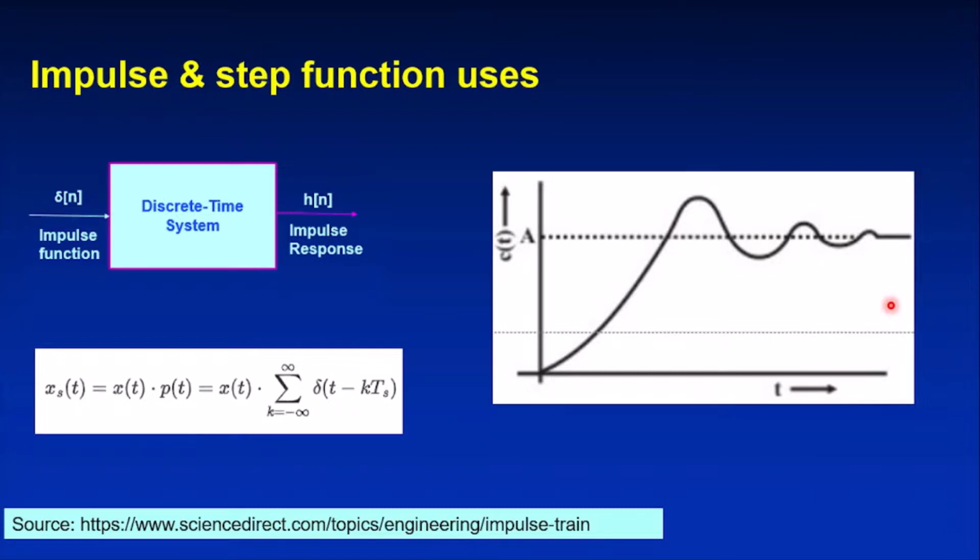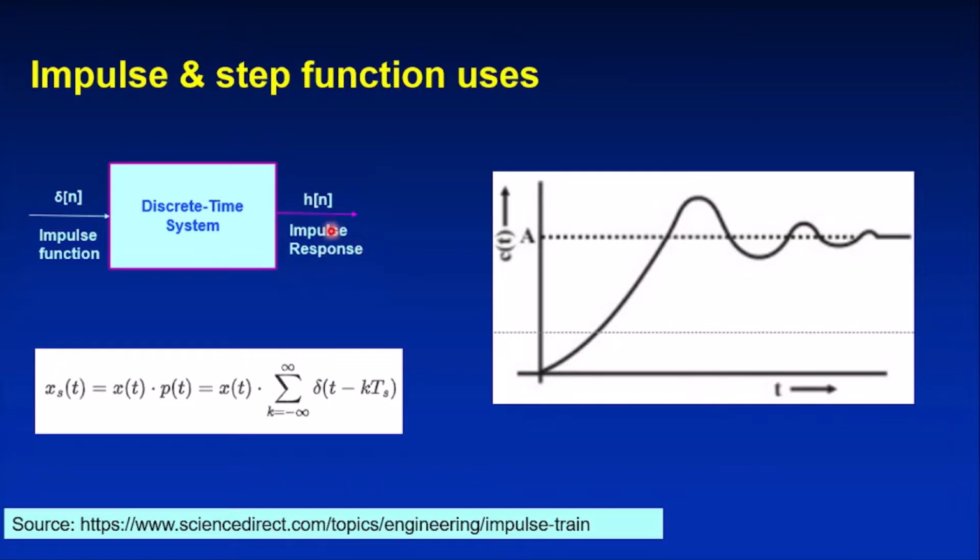And now, just to understand the uses of the impulse and step functions, the first very important use of the impulse function is in convolution. As you saw, in the convolution formula we have something called the impulse response. The convolution formula is used to obtain the response of an LTI system whose impulse response is given. And what is the impulse response?